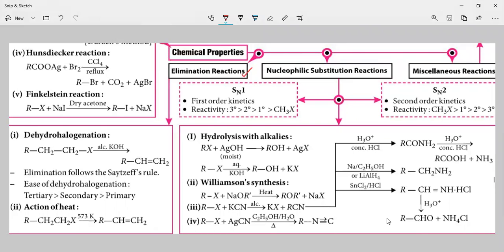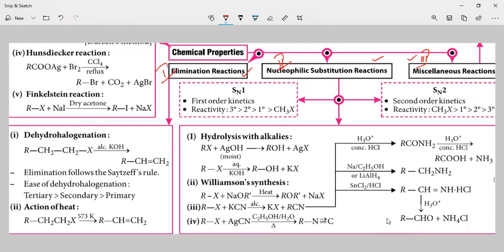Another is nucleophilic substitution reactions. And apart from elimination and nucleophilic substitution reactions, alkyl halides show some other special reactions that we call miscellaneous reactions. So alkyl halides undergo three types of reactions: first elimination, next nucleophilic substitution, and last a special type called miscellaneous reactions.